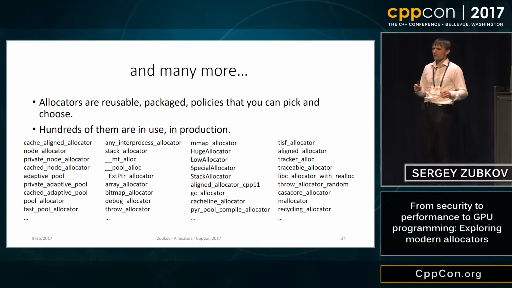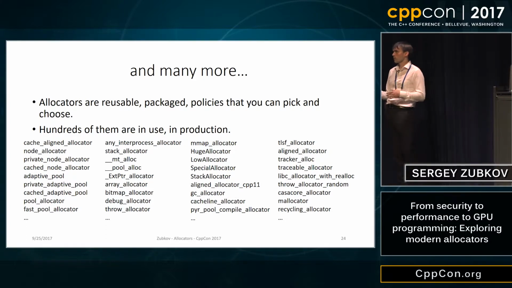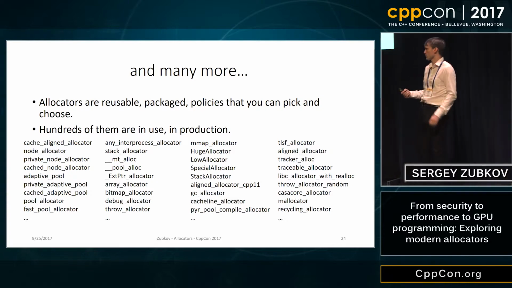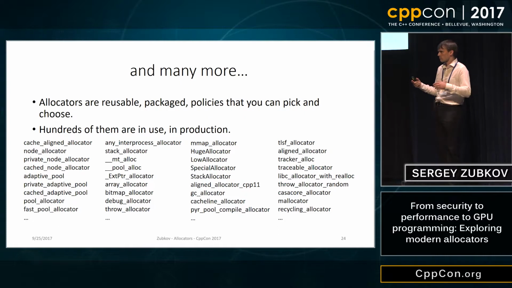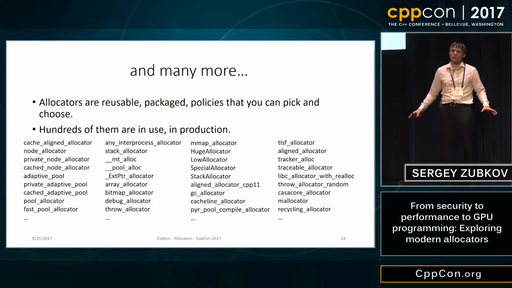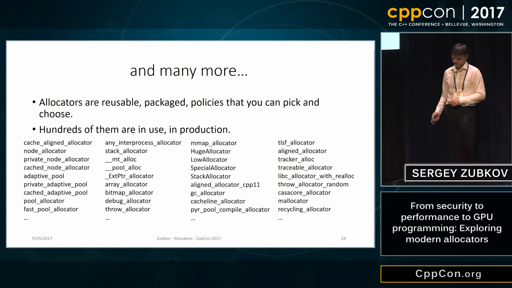You can, but you don't have to. The whole reason allocators are what they are is that they are reusable packaged library components. Components that quite possibly have been written, and if they haven't, they should be written in a way that other people can benefit.